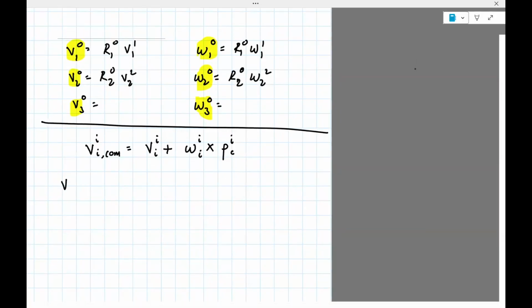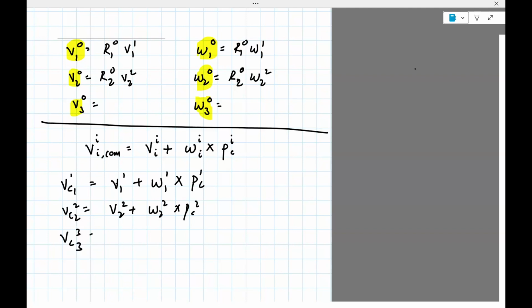Velocity of C1 in frame 1 would be V11 plus omega 11 cross PC1, the position of this in frame 1. VC2 in frame 2 will be V22 plus omega 22 cross PC2, and I'll not write this down. For frame 3, you should write it down.